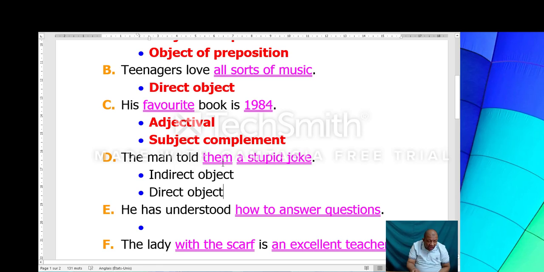And the indirect must come before the direct, but in some cases, it may come after the direct object. Another thing which is very important, no need to talk about indirect object if there is no direct object in the sentence. So the presence of the indirect necessarily requires the presence of the direct object.